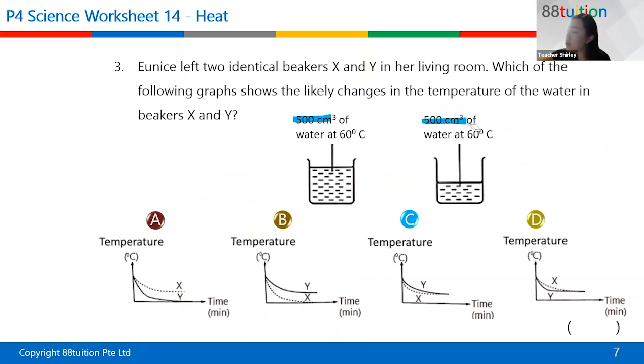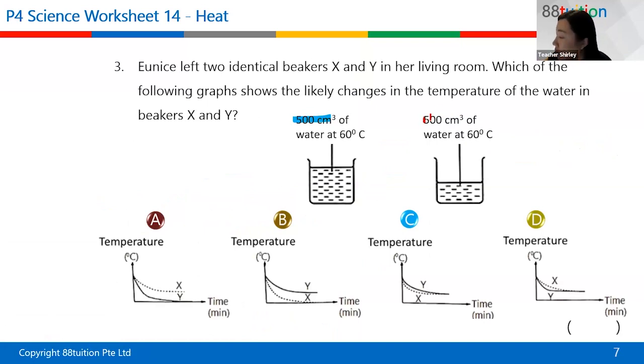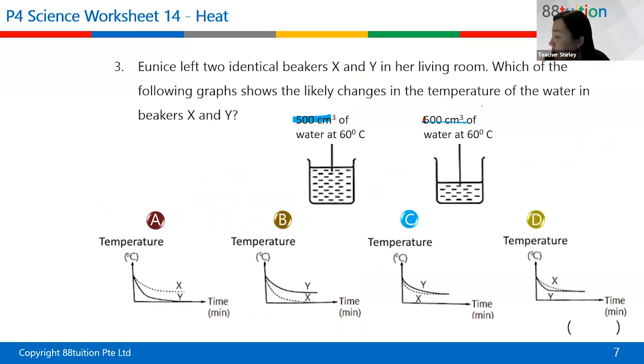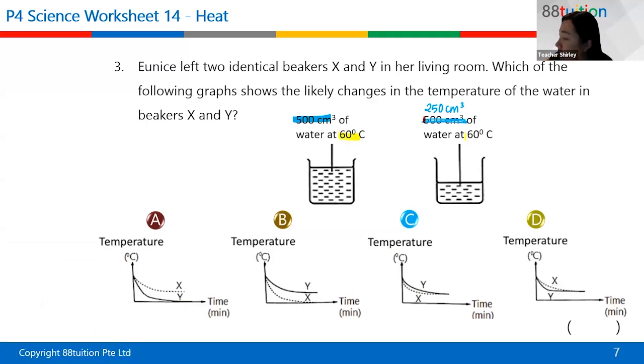Oh no, wait. There's a mistake here. The volume should not be 500. It's clearly lesser. Okay, volume is lesser, right? But the temperature is the same though. Do you realize? Temperature is 60 and 60.